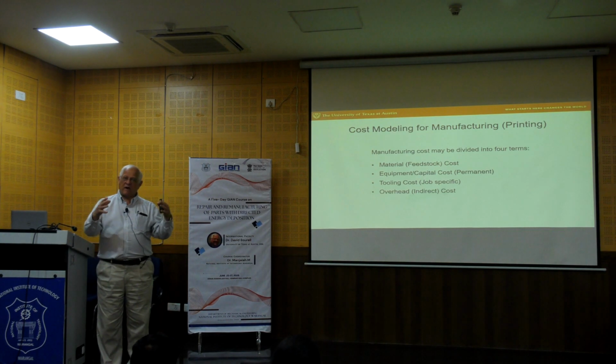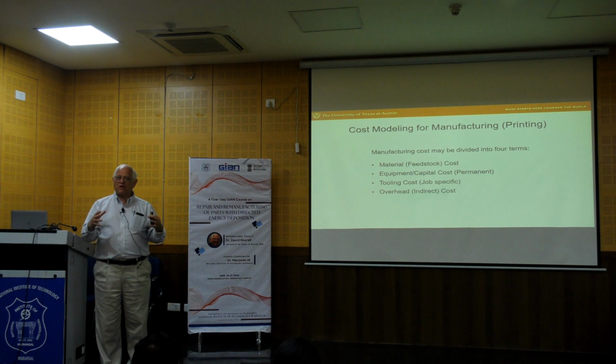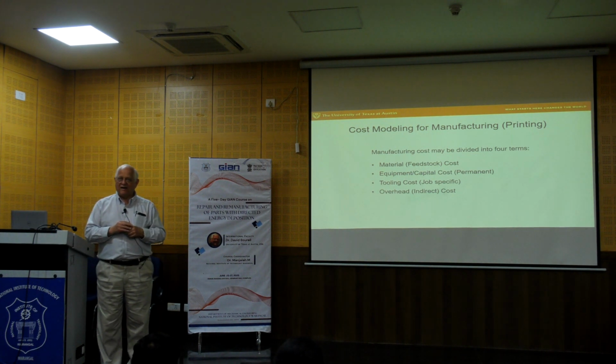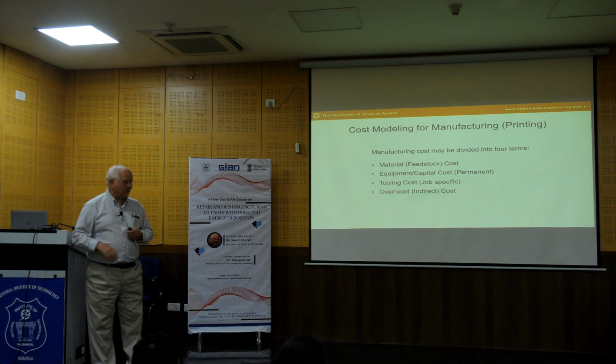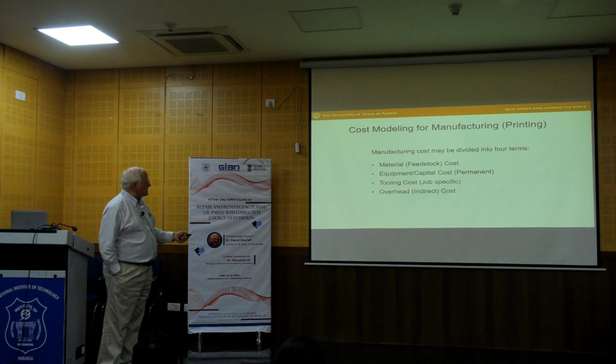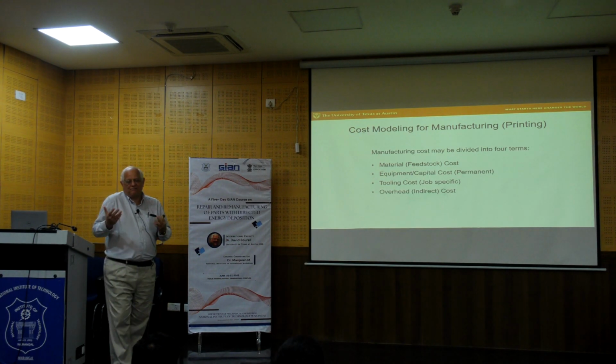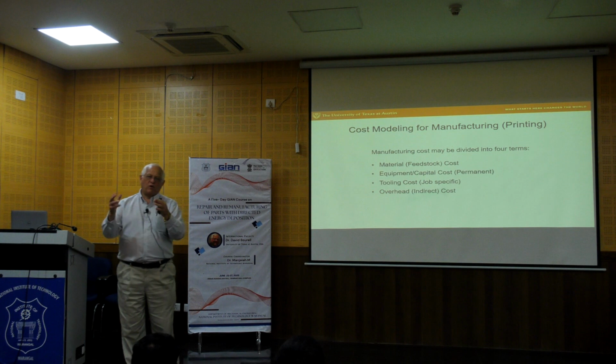We would have that cost, and we have to figure out, if I run parts on that, if we're in business and we don't want to lose money, I have to burden each part with a little bit of money, so that at the end of say 5 years or 10 years, when it's time to replace the LENS machine, I have enough money in the bank to buy a new one, right? So that's what the permanent equipment cost is. And typically, this is generally the case for a LENS machine.